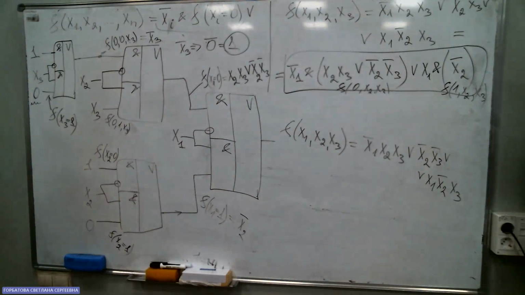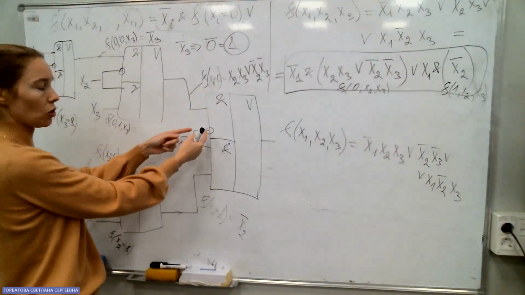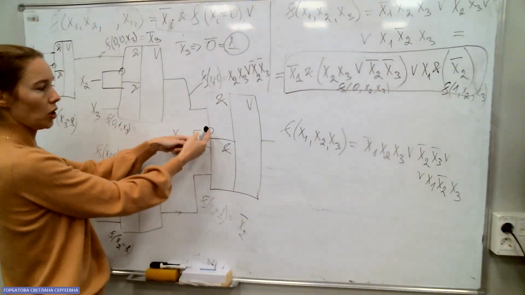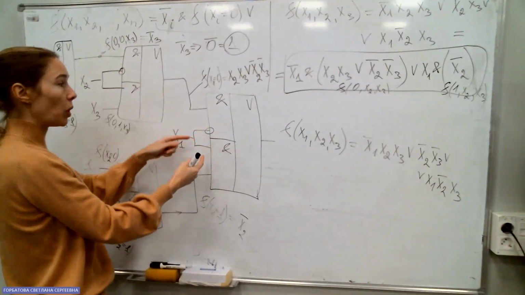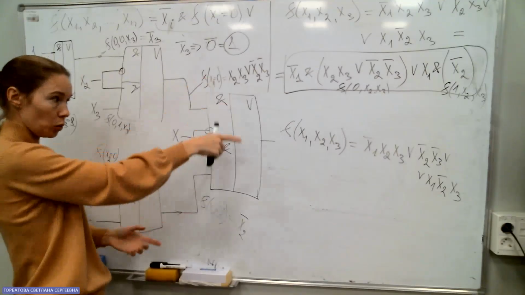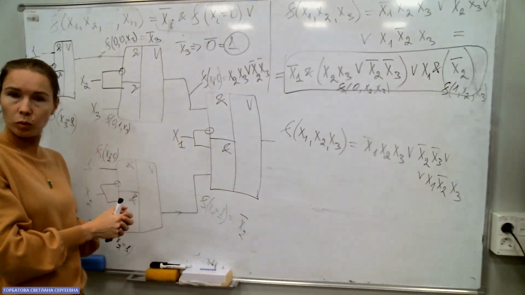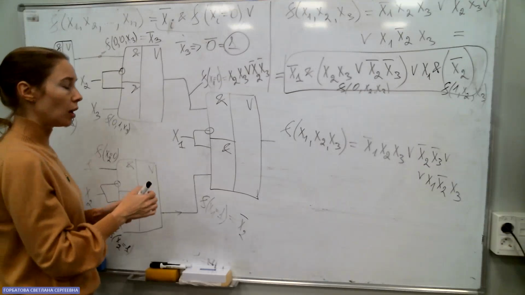So you can use another block just to change positions. But you need to change this function also. Then it will be the same block. The upper one is a 0, then the down one is a 1.